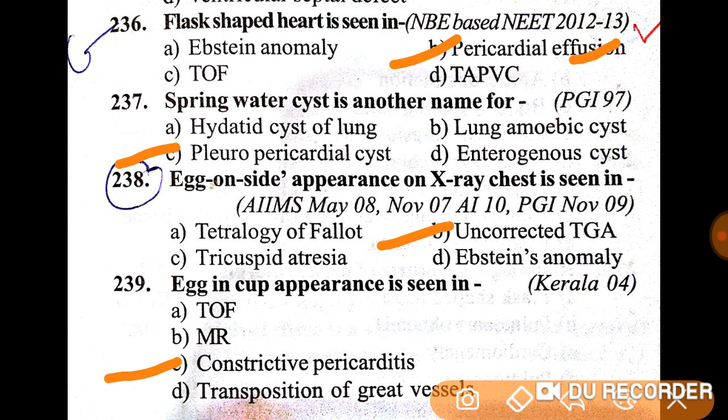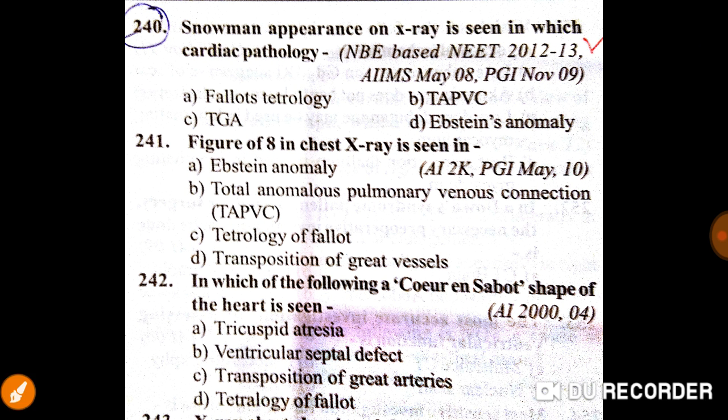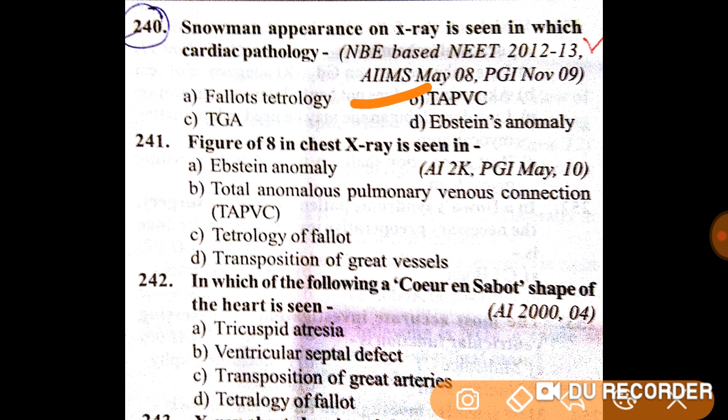Okay. Now, snowman appearance on X-ray is seen in which cardiac pathology? That is TAPVC. Tetralogy is followed by boot shape, TGA, transposition of great arteries, we see egg on side appearance, and Ebstein anomaly, box shape heart.